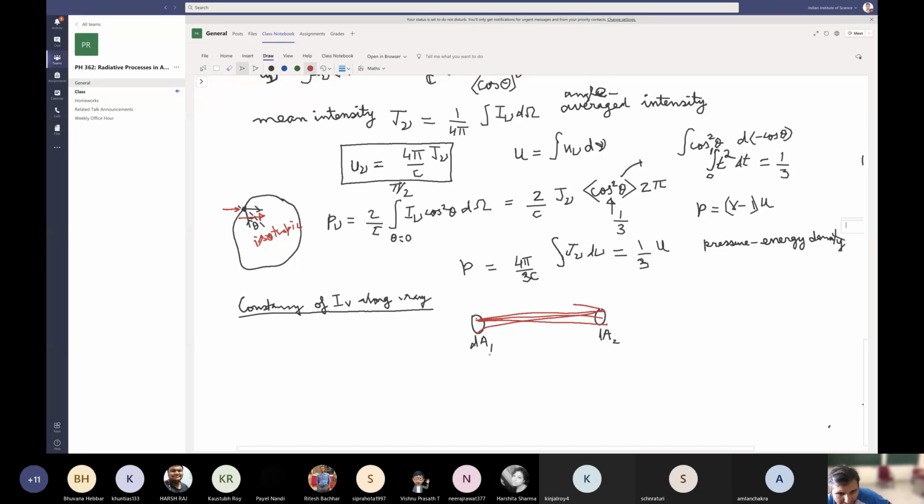Basically, all the photons which are crossing this area and crossing area dA2 are the ones that we are considering. So the energy that is crossing area dA1 and area dA2, and this is the distance between these areas, D.